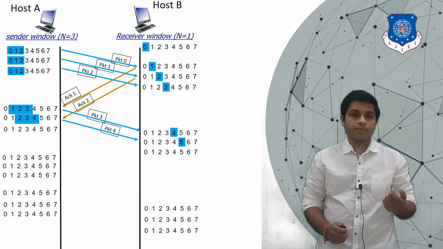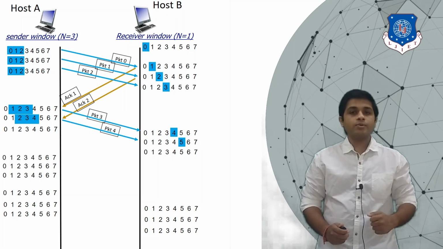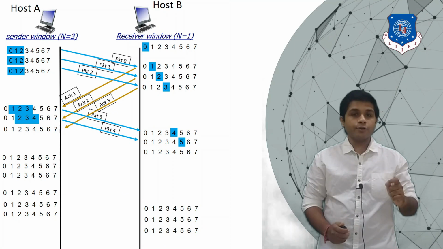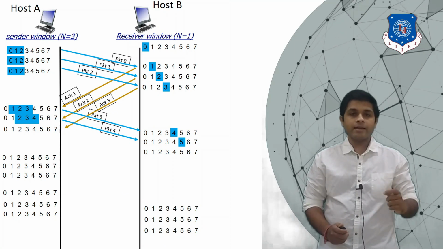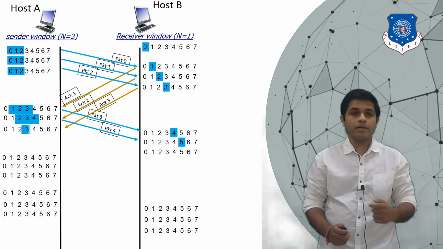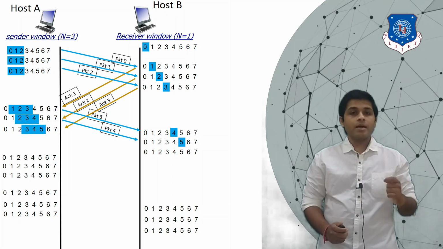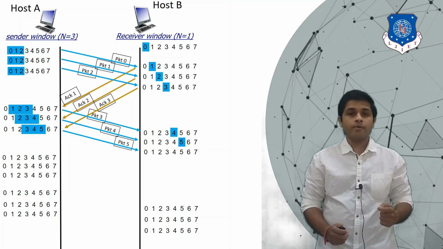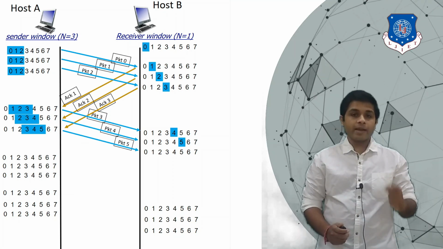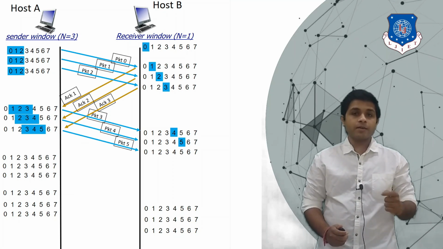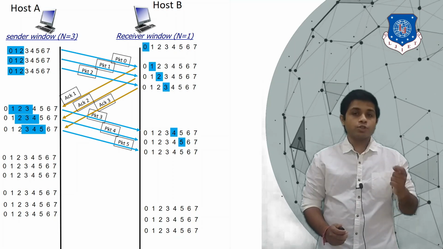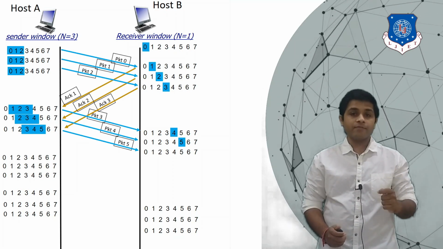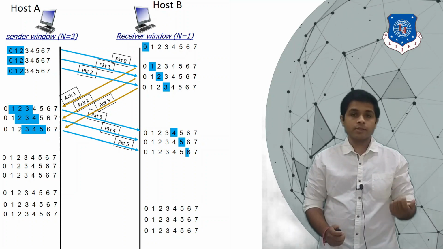Then A receives ACK 3 for packet 2, and the window slides. A sends packet 5, which B was expecting, and B's window slides to 6.